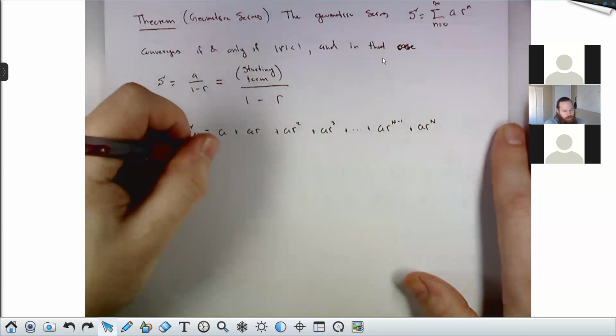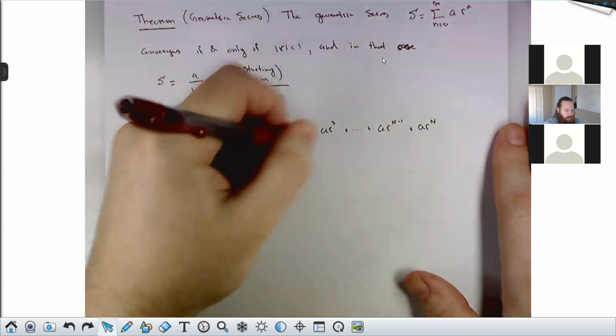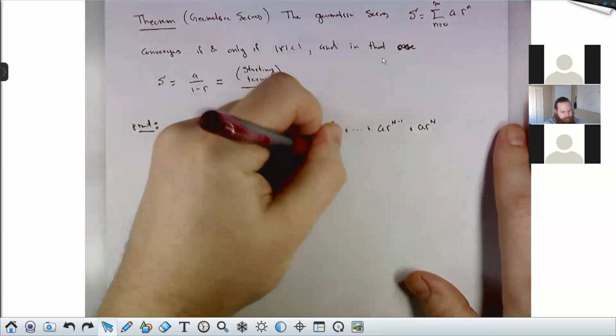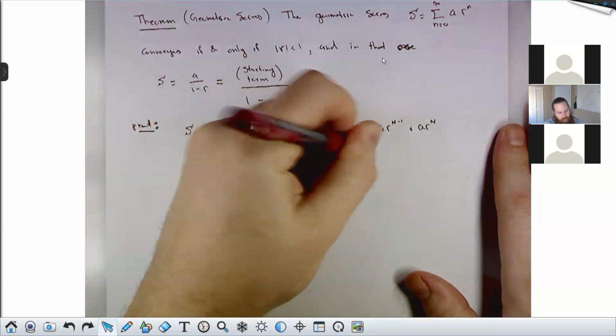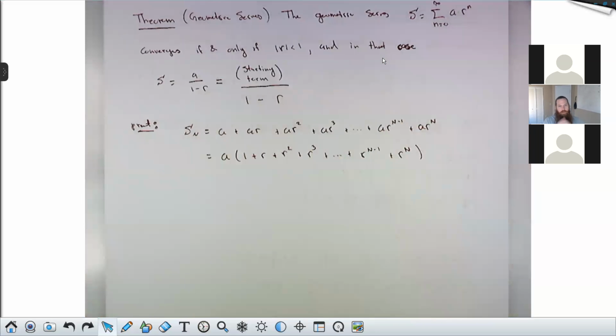You can factor out an a, and you get 1 plus r plus r squared plus r cubed plus r to the n minus 1 plus r to the n. And I'm saying to the because here these really are powers. So this is the nth partial sum of the series S above, right? It's the sum here as though it stopped at capital N.